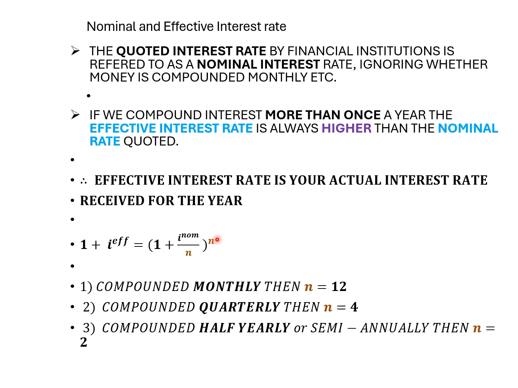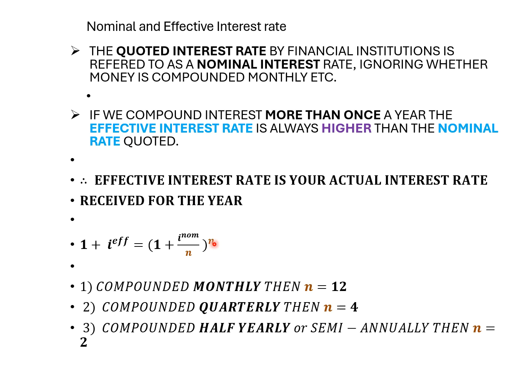We don't worry about whether it's invested for 5 years, 10 years. Here we are worried about what's happening for the year. So very important, if I say compounded monthly, then n there becomes 12, and that is also 12. If I say compounded quarterly, that n is 4, and this n is also 4. If I say compounded half yearly or semi-annually, then n is 2 there, and that n is 2 there.